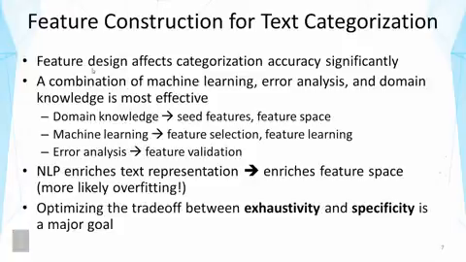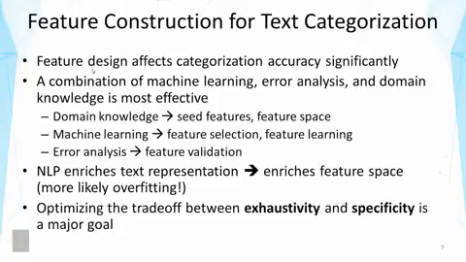In general, I think it will be most effective if you can combine machine learning, error analysis, and domain knowledge in designing features. First, you want to use domain knowledge, your understanding of the problem, to design seed features. You can also define a basic feature space with a lot of possible features for the machine learning program to work on. Machine learning can be applied to select the most effective features or construct new features.